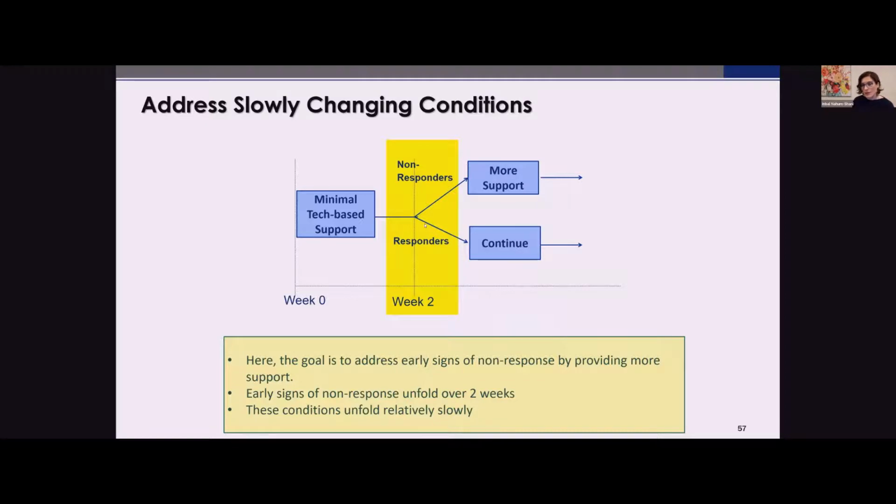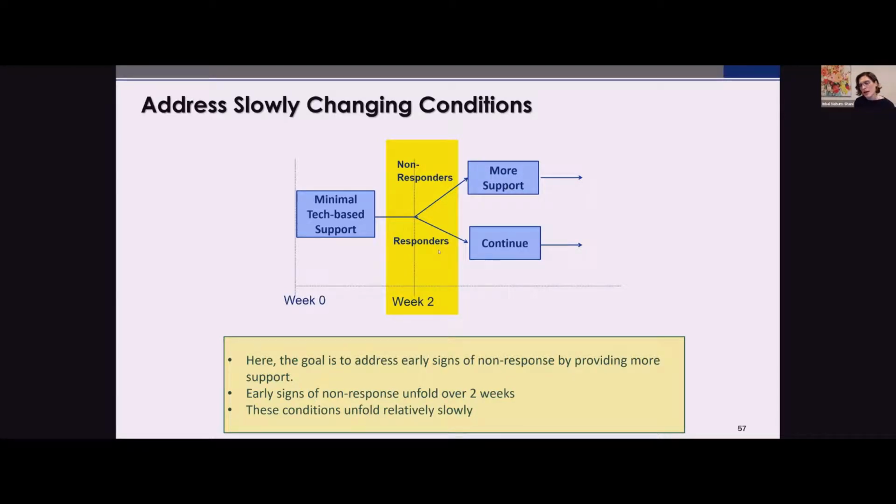I want you to notice that here, we are trying to address conditions that unfold over 2 weeks, right? We're trying to address early signs of non-response to minimal support, which unfolds over 2 weeks. Over 2 weeks, we can know whether or not the person is likely to fail ultimately. That's why we provide more support, right?